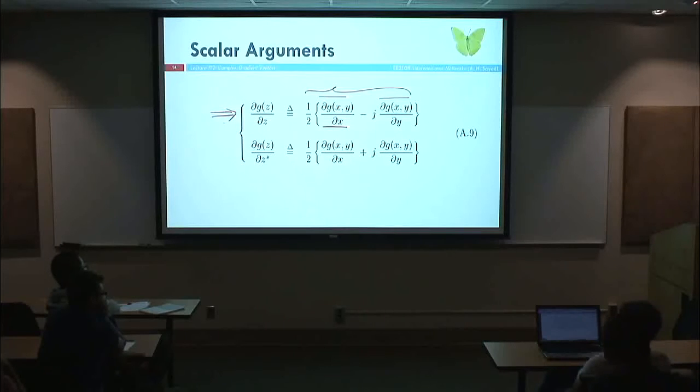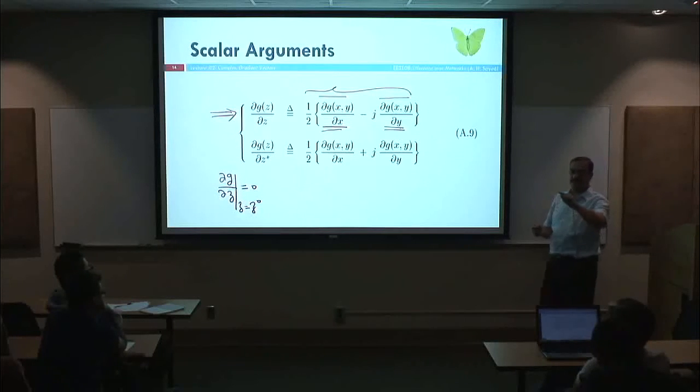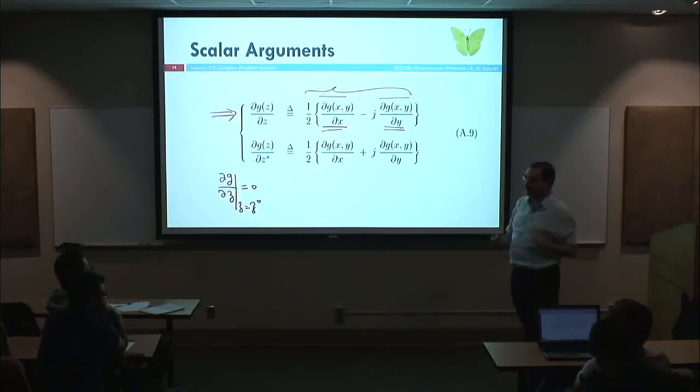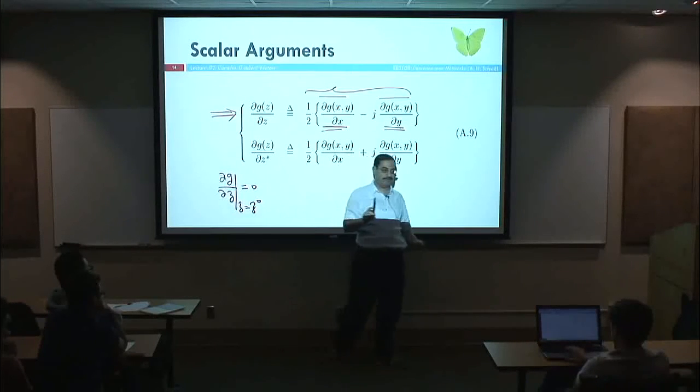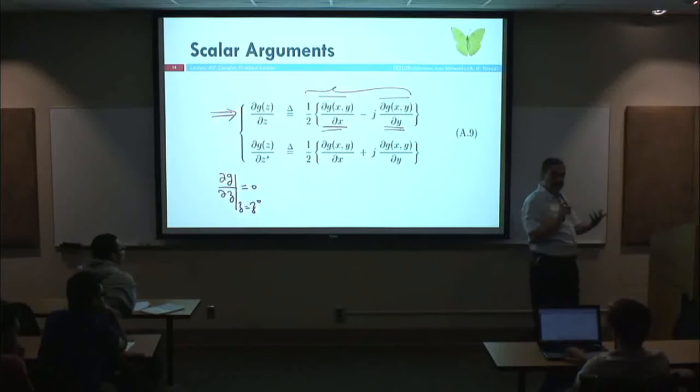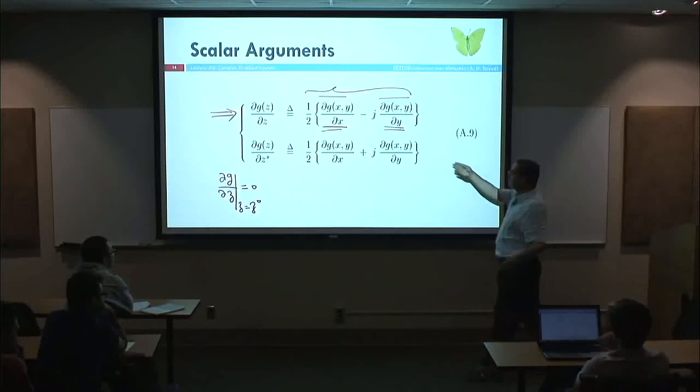Because if I'm able to find this particular point z where this partial derivative is 0, that means that you found a point x0, y0 where the partial derivative of g relative to x is 0, and the partial derivative of g relative to y is 0.